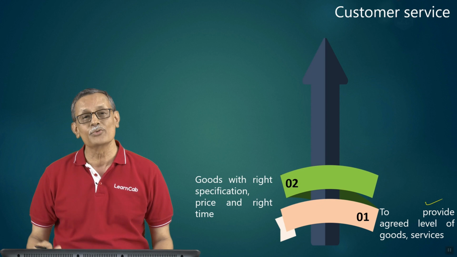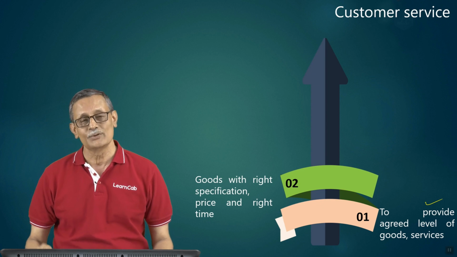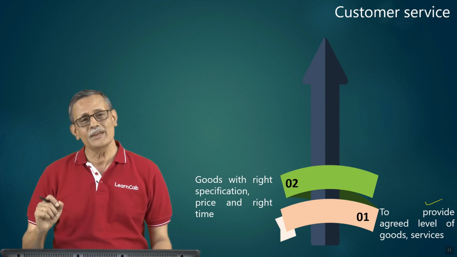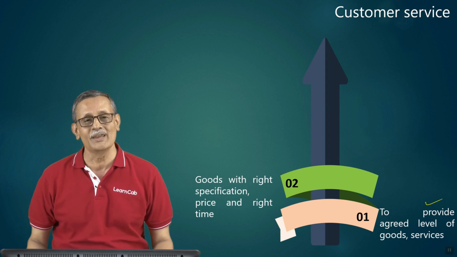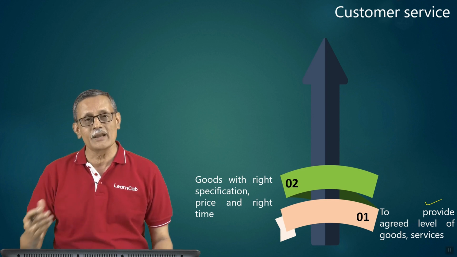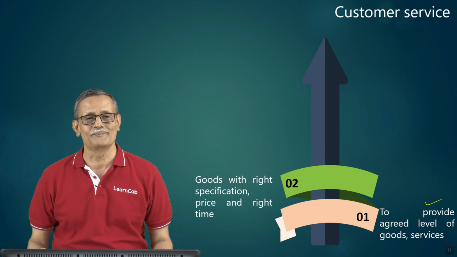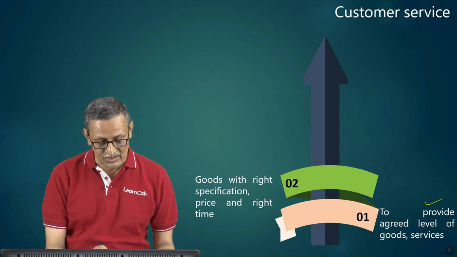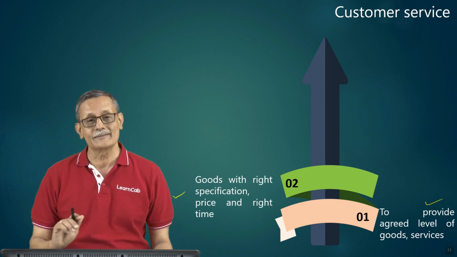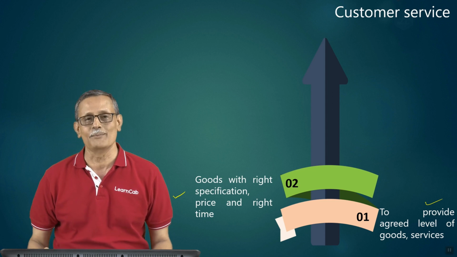This is the type of service you see today. Every industry must meet that commitment: the right product, the right quality at the right time. All these are very important to achieve customer service. The timing is also very important.